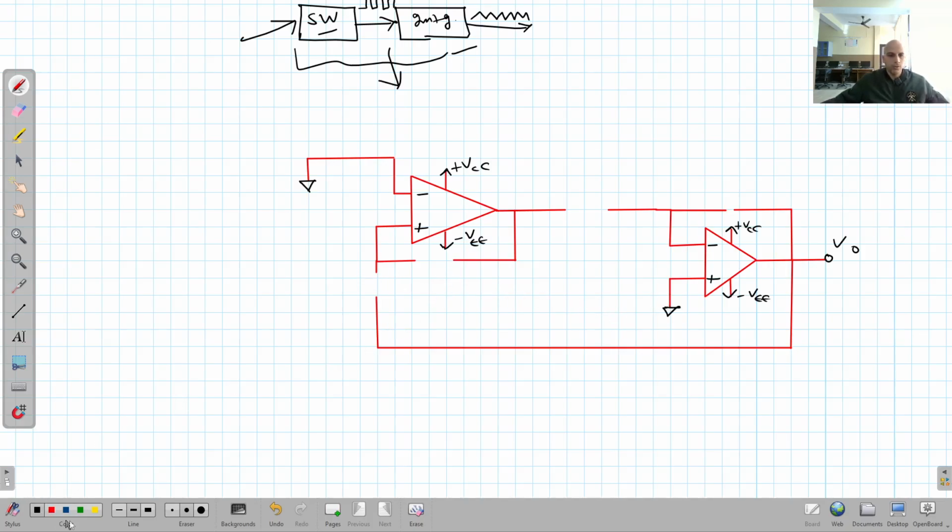Now I'm going to introduce the different resistances. This is one resistance. This is R2. This is R3. This is R1. And here we have a capacitor.